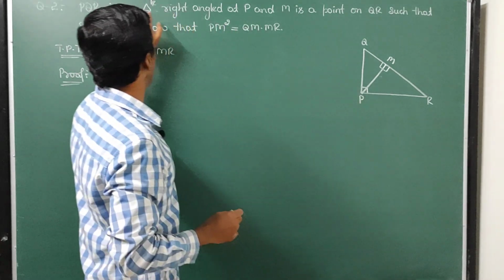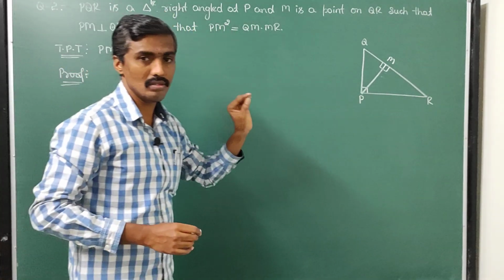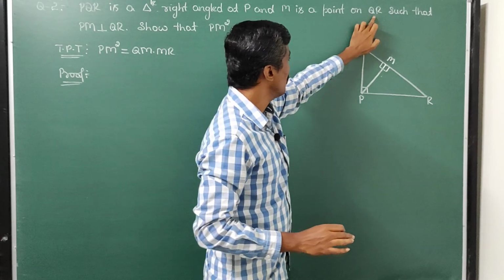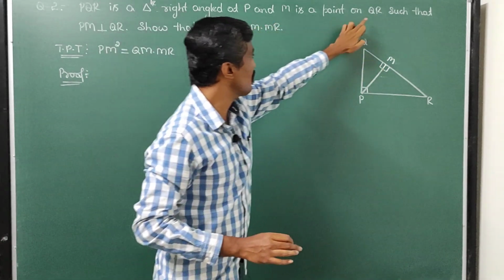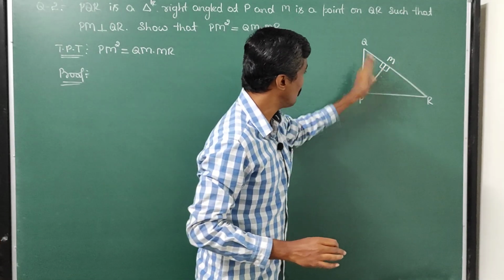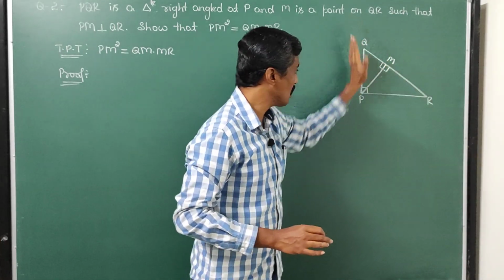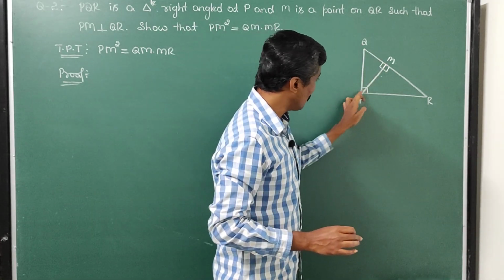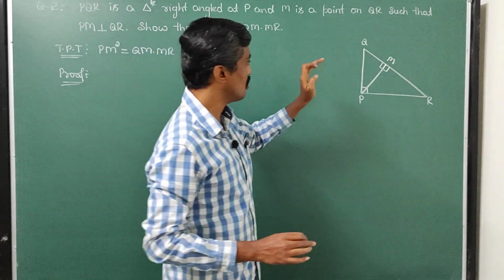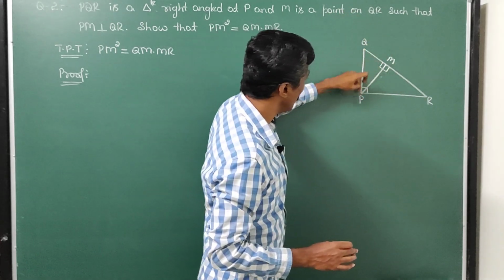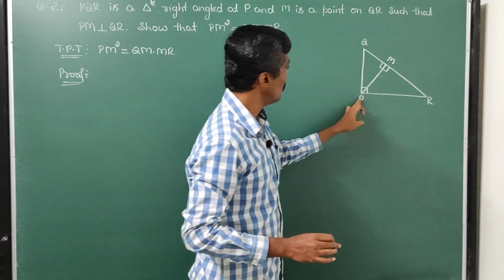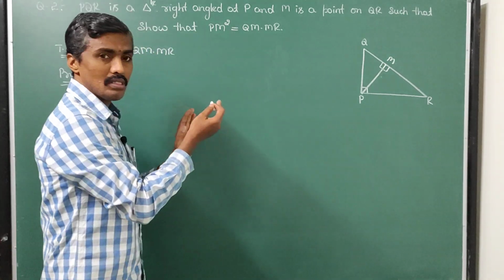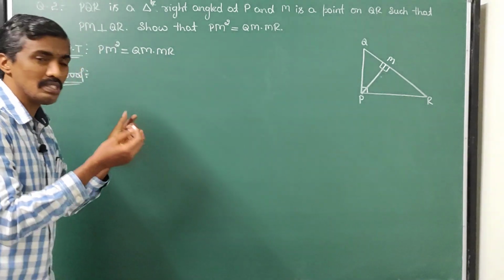Actually they have given one triangle, PQR, which is the original triangle. But after drawing PM perpendicular to QR, our original triangle QPR is divided into two parts, and these two parts are once again right angle triangles. Which are they? QMP is a right angle triangle, and PMR is also a right angle triangle. Before starting the problem, let me see what we have to prove here.